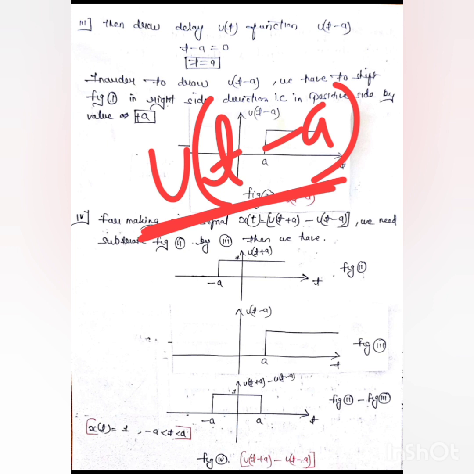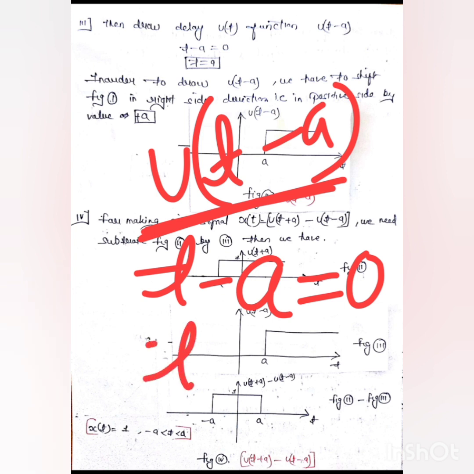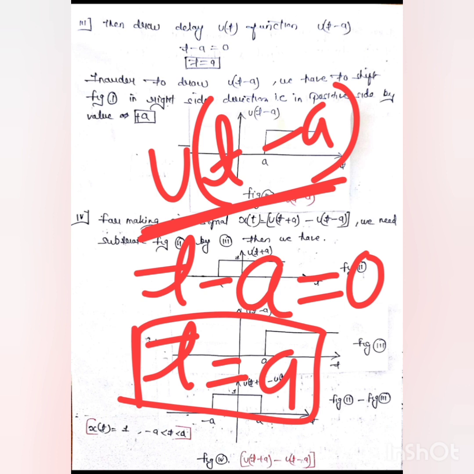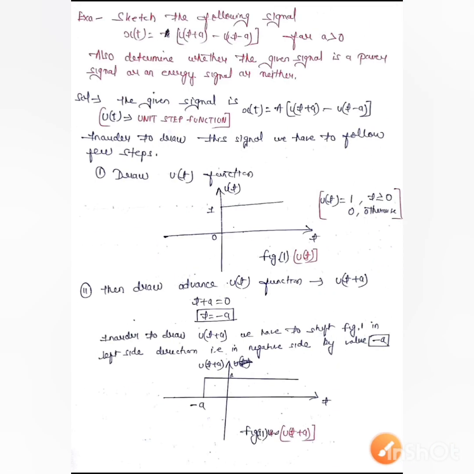So in order to make it u(t-a), first of all you have to equate t-a equals 0, and then by solving this we get t equals a. t must be positive in case of the u(t) function. That means you have to shift your u(t) function to the right side of the figure, or the positive value of a.